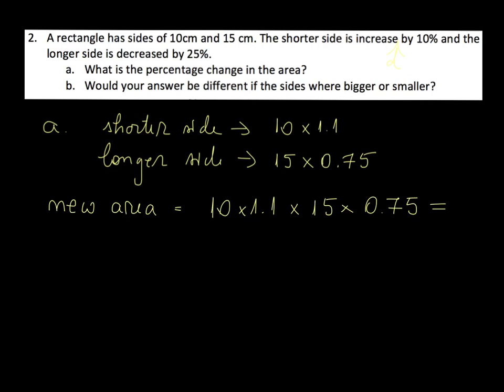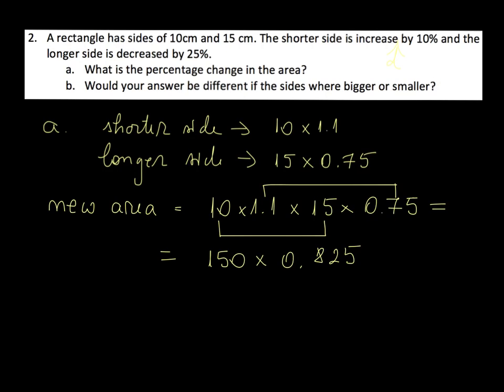And it does not really matter in which order I multiply, so I multiply these two separately, 150, and then I multiply these two separately, and when I multiply 1.1 times 0.75, I'm using my calculator and I get 0.825. What is the percentage change?